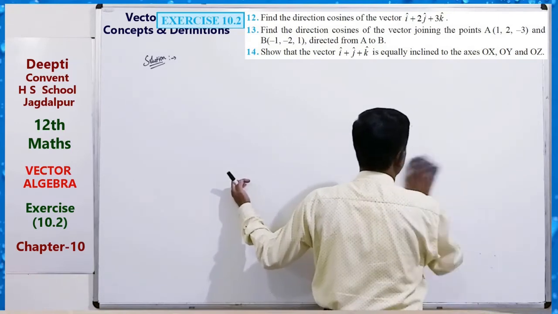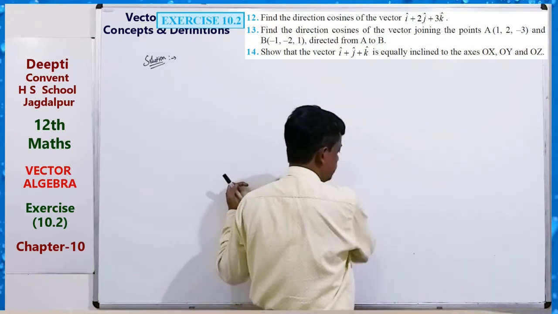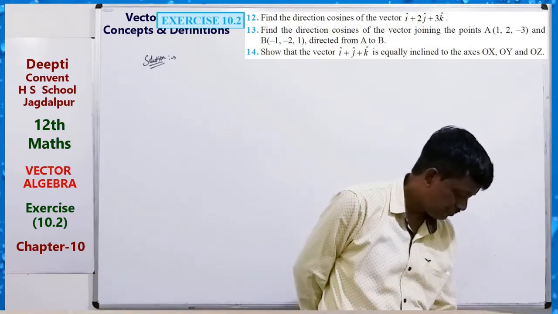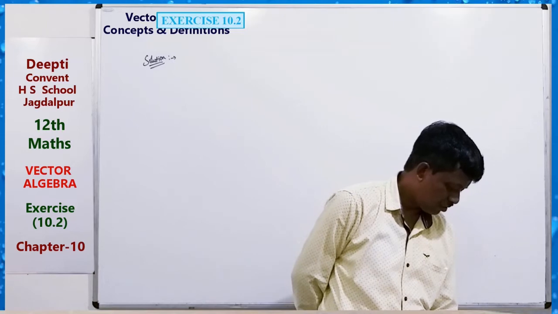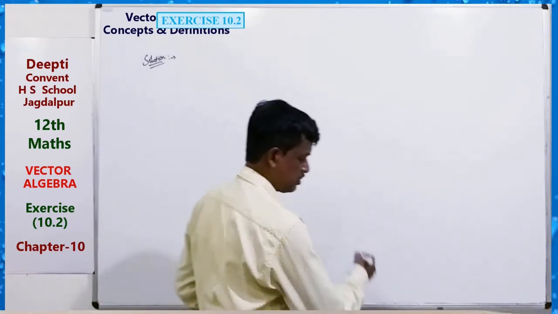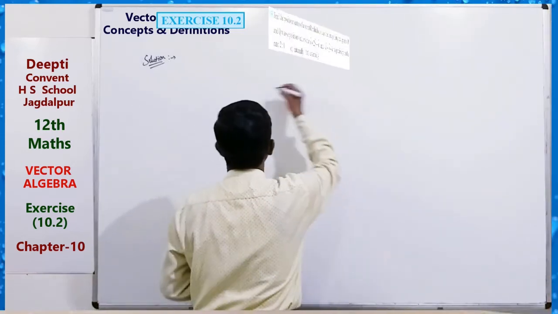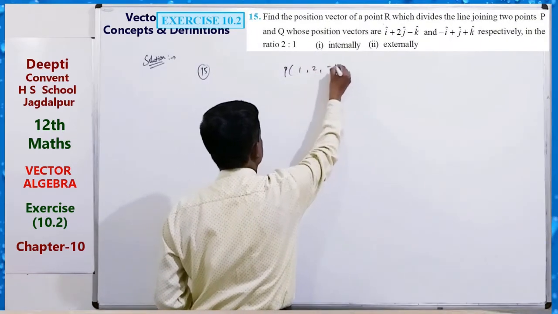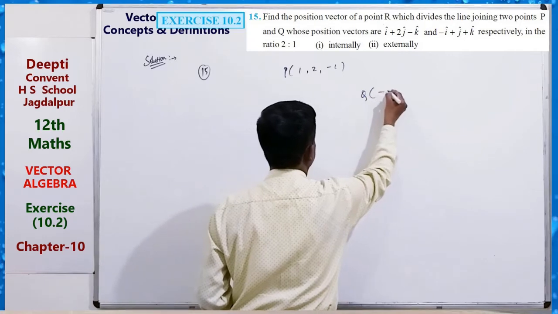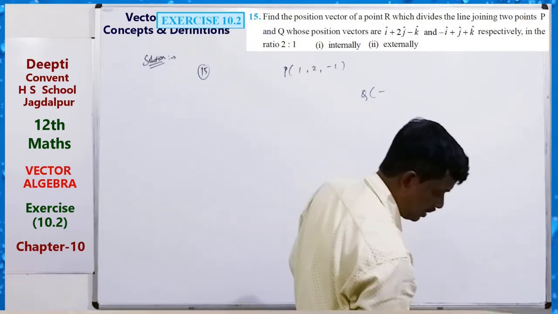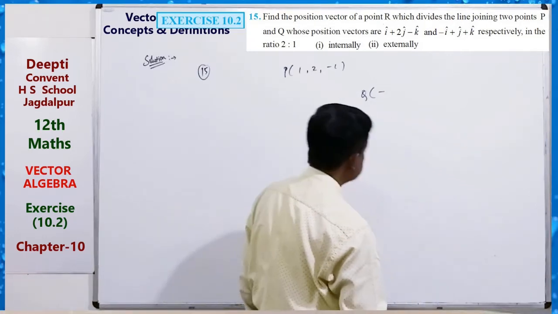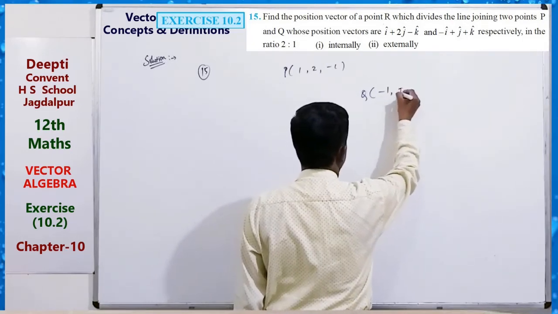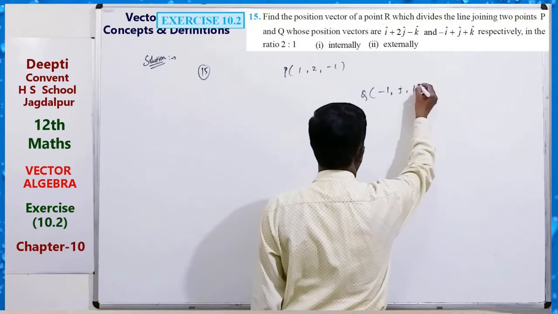Two points are given: the first point is i plus 2j minus k, and the other point is minus i plus j plus k.